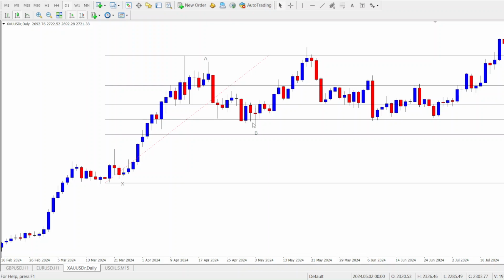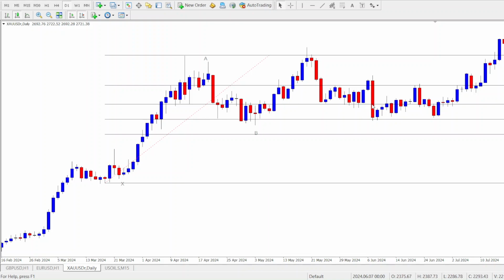So we had it around 50%, so it's not up to 61.8. However, the retracement for a Gartley pattern should be at least close to 61.8%. However, we're just going to continue the description using this pattern.